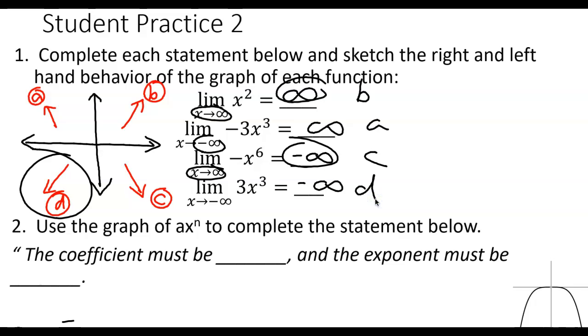Now, you don't have to really worry about the last question too much, but I did see a couple people get it. So notice that this graph is going in a downward direction on both sides. Okay? So the coefficient must be, and the exponent must be, what do you guys think?